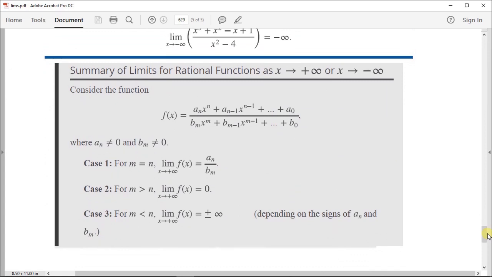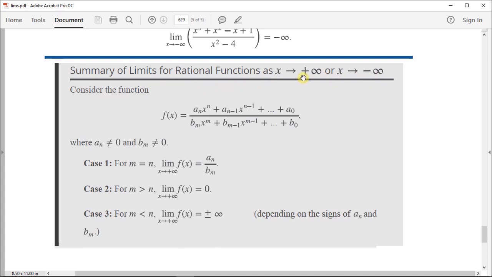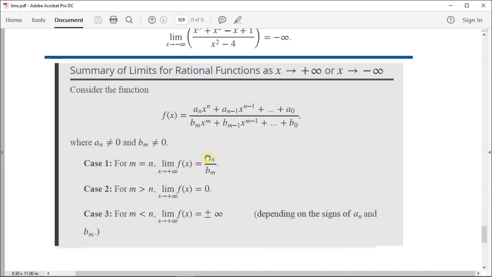But to summarize again, for limits at infinity, okay, not limits where x goes to a number. That's what we did in the previous couple of sections. This is limits at infinity, x going to either plus or minus infinity. 3 cases. If the exponents are equal, then you have the ratio of the leading coefficients.